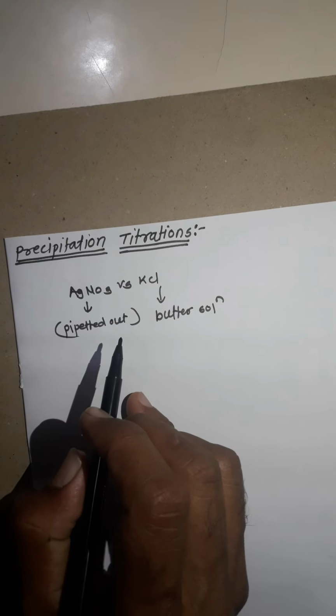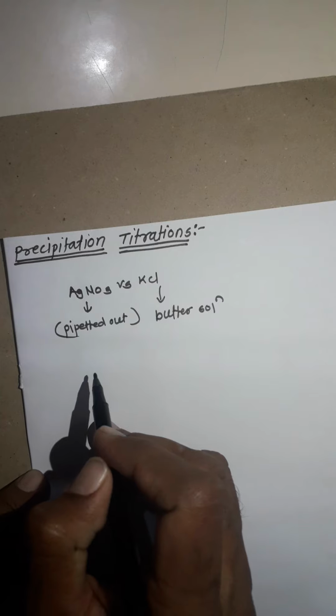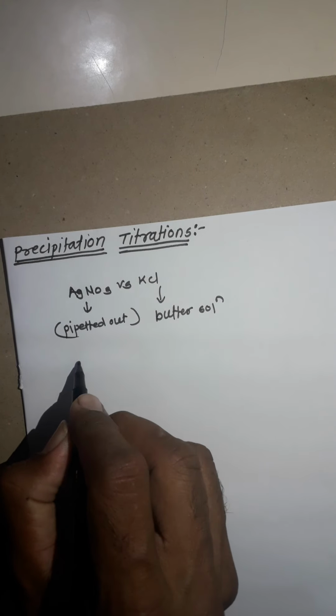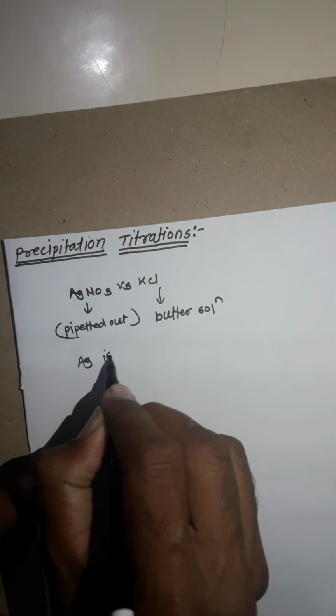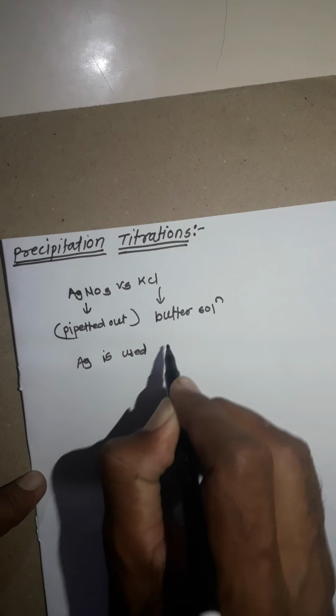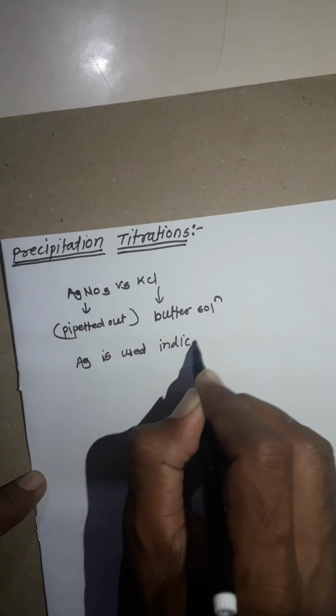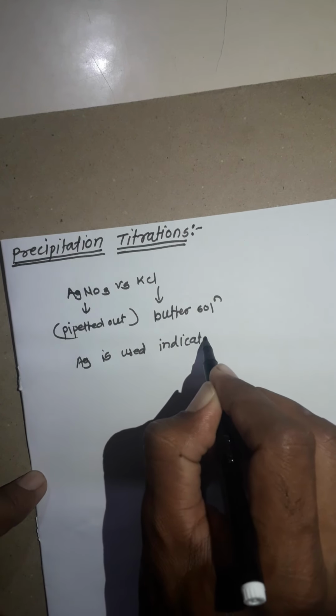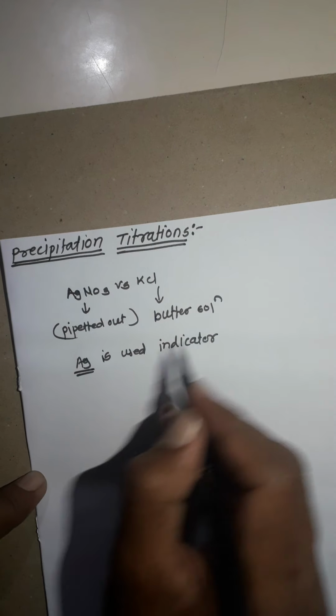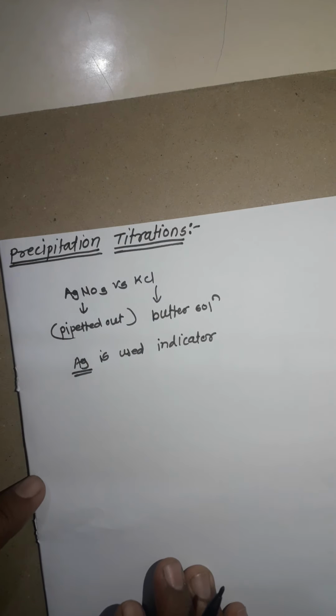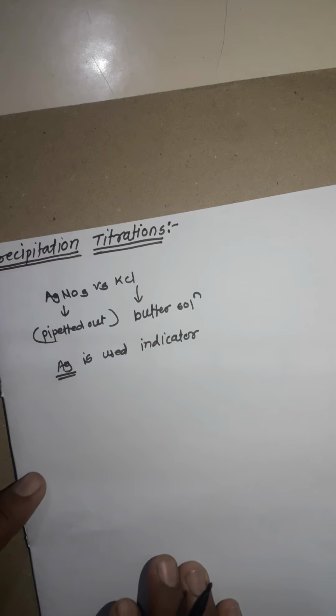In this titration, a silver electrode is used as the indicator electrode.